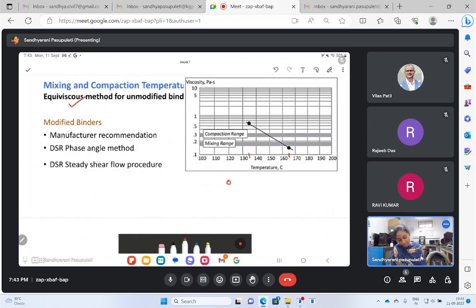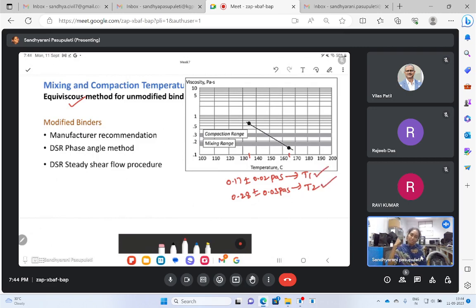So on the y-axis, 0.17 plus or minus 0.02 Pascal second. What is the temperature corresponding to this viscosity and what is the temperature corresponding to this viscosity? These two temperatures we will calculate. These temperatures are called the mixing and compaction temperatures.